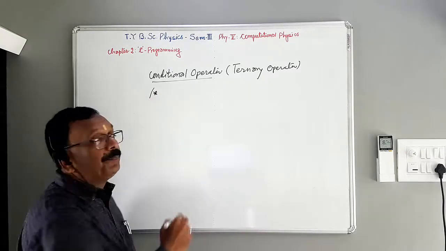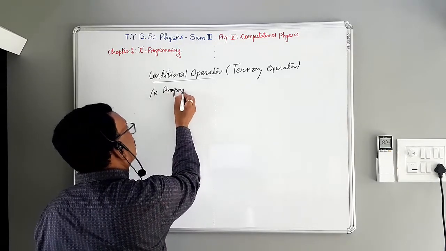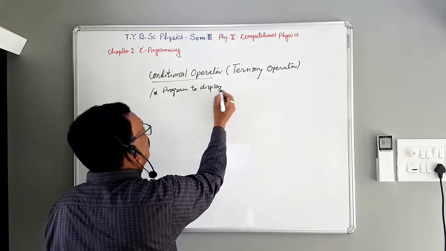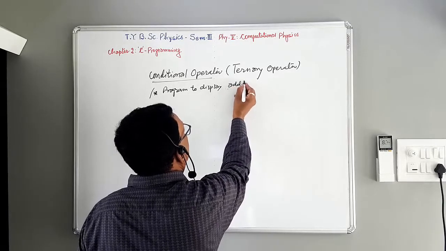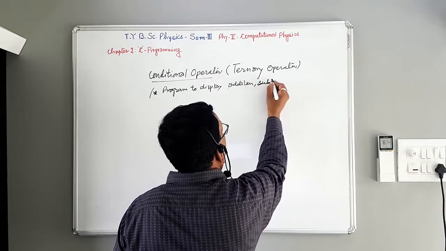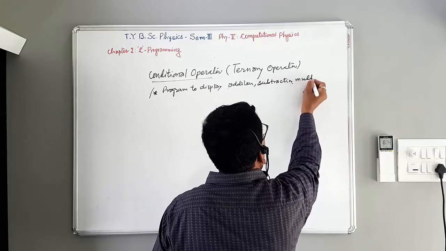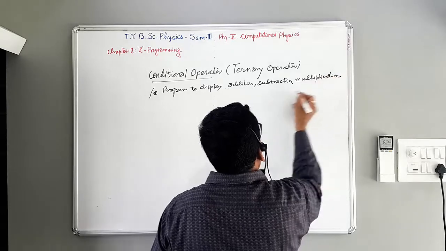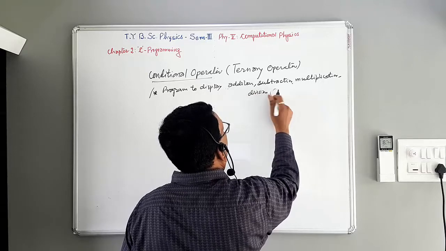This is the comment of the program. Comment means title. Program to display addition, subtraction, multiplication, division and remainder.